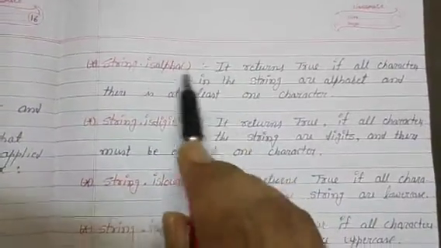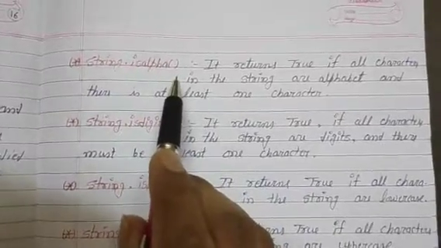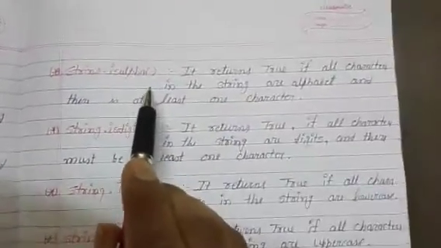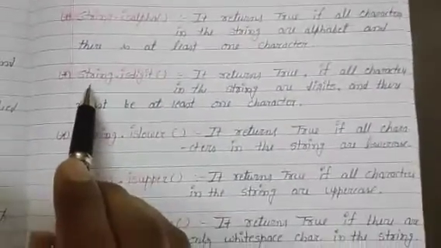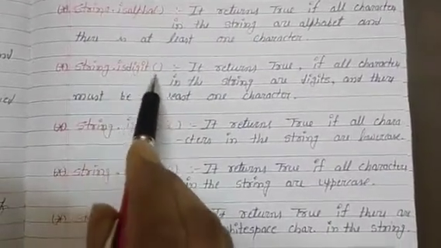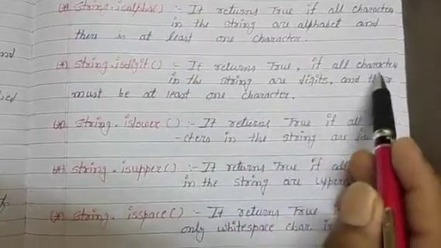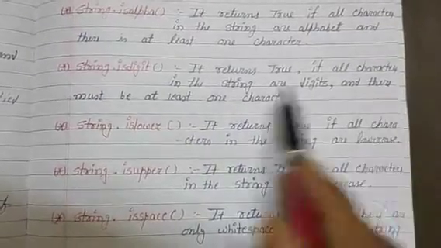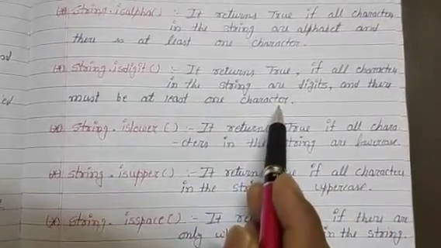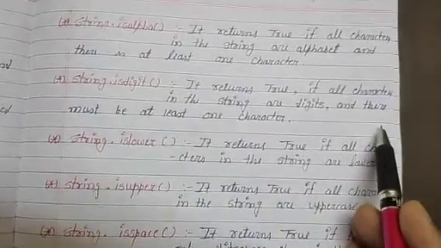So this function checks whether all the characters in the string are alphabets. Now next one is the string dot isdigit function. It returns true if all characters in the string are digits and there must be at least one character. Otherwise it returns false.